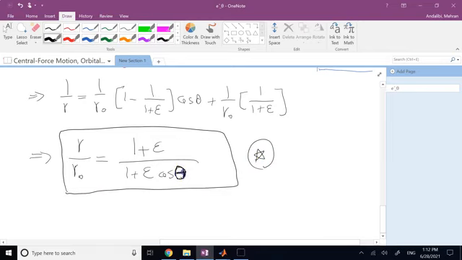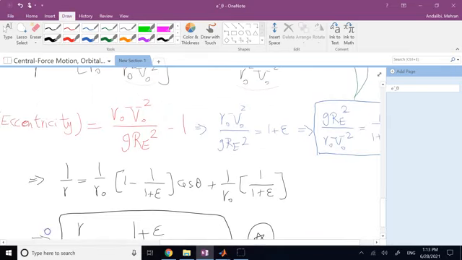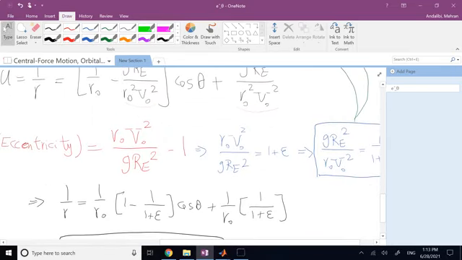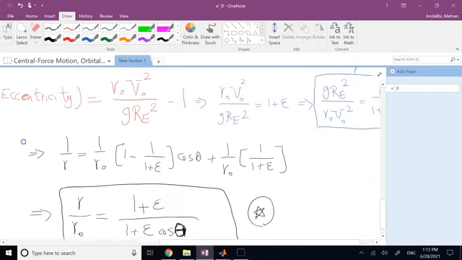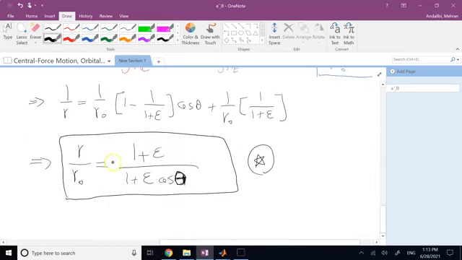Why? Because it is related to conic sections that you probably learned in geometry. And this epsilon can tell you a lot about the shape of the orbit. So clearly here you have R as a function of theta, because epsilon is a constant number and R naught is a constant number. This is R of theta.